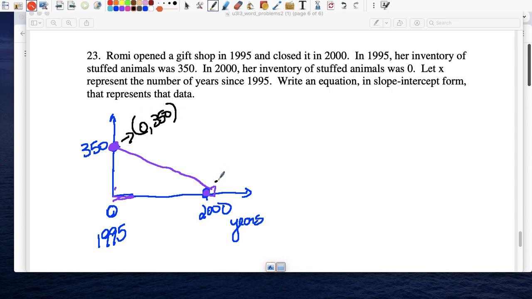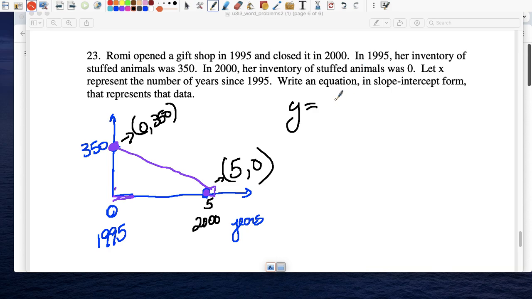And this point over here is going to be, first of all, I'm sorry, I wrote the year 2000, but the year 2000 is represented on the graph by the number 5, because that's 5 years after the store opened. So 1995 to 2000 is 5 years. So this point here is 5 years. In year 5, what was her inventory? 0.